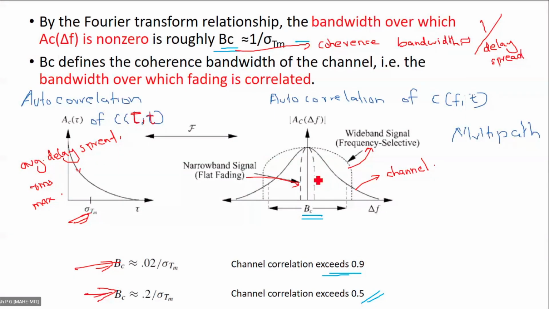So basically what I'm trying to say is that there is a relation between delay spread and coherence bandwidth. One is represented in the time domain and the second is represented in the frequency domain, and coherence bandwidth and delay spread are inversely proportional.